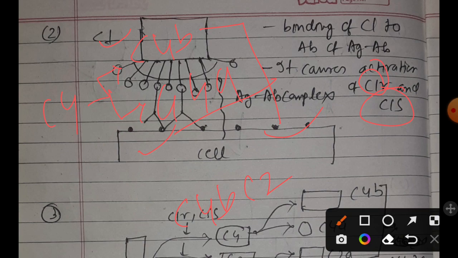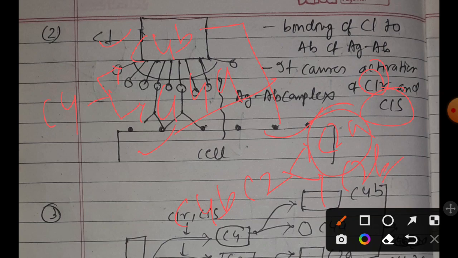This serine protease will break C2 into C2a and C2b. Again, which one will be the larger fragment and which the smaller? The larger fragment will be C2a and the smaller fragment will be C2b.